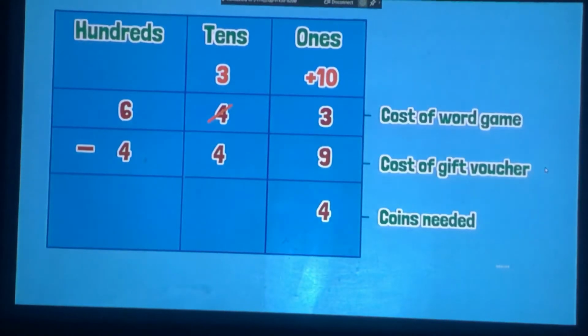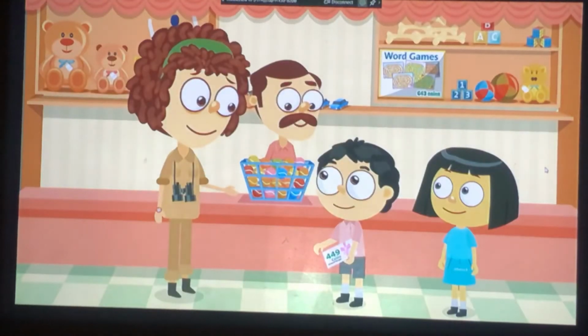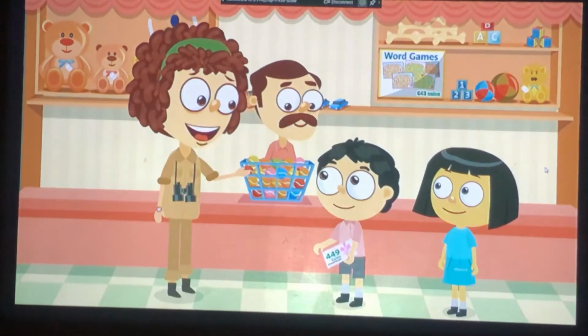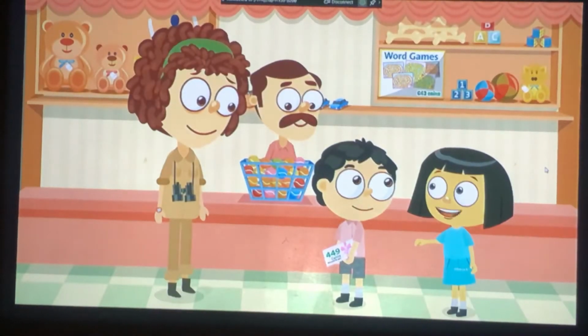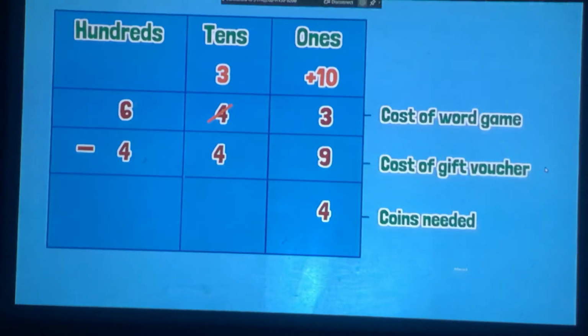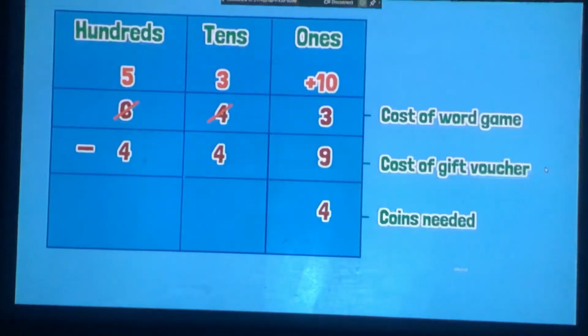Now it's 3 minus 4 in the tens column. Could we borrow from the hundreds place? Could we? Let's try. Suppose we borrow 100 from the 600s. 100 is 10 tens, so we add a 10 in the tens place.